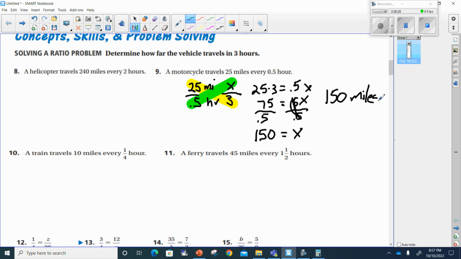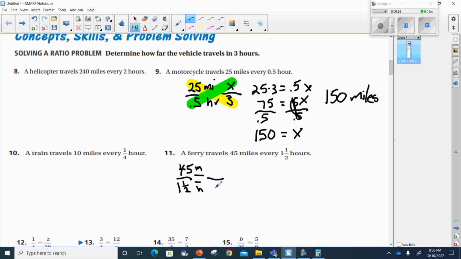All right, next we've got number 11, a ferry travels 45 miles every 1.5 hours. That's 45 over 1.5. That has to equal, remember this is miles up here. This is hours over here.